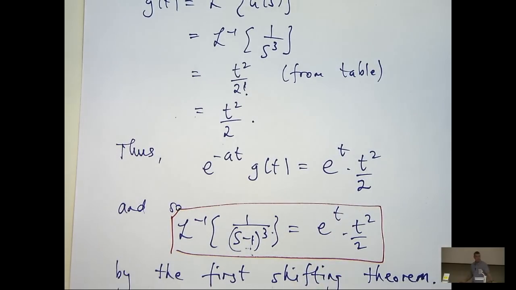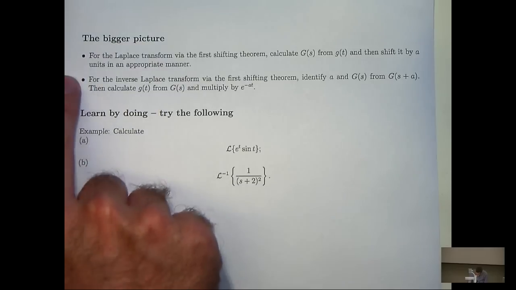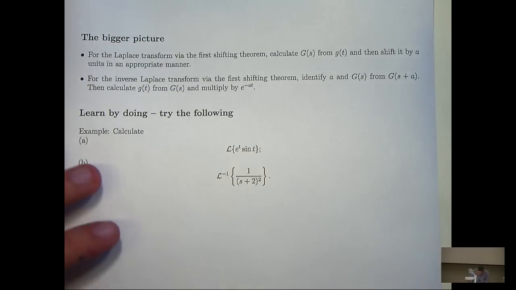I've done one example showing you how to take the transform and use the first shifting theorem. I've done another example showing you how to take the inverse transform and use the first shifting theorem. But let's have a look at the bigger picture. These two points have to do with method.